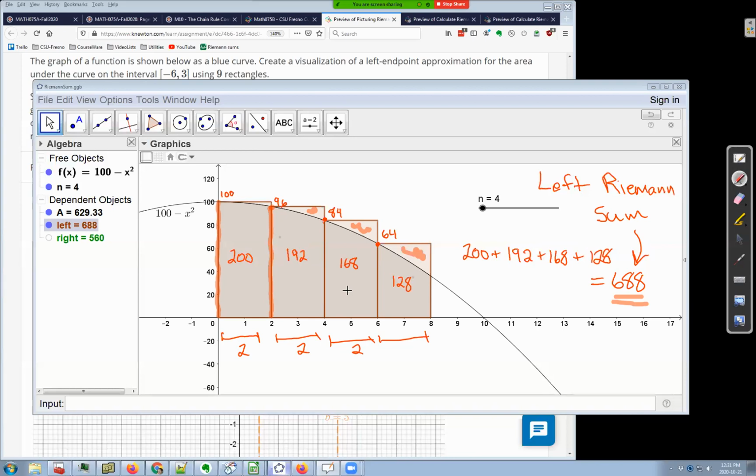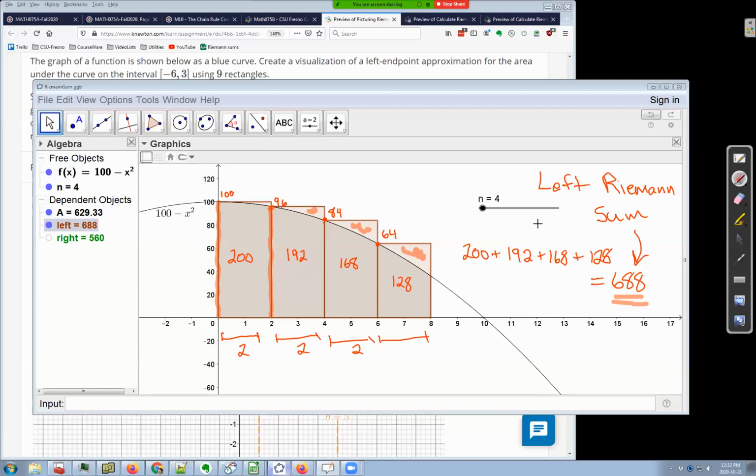And then I did lie a little bit. Besides right Riemann sums and left Riemann sums, there are also midpoint Riemann sums. But I don't want to confuse things right now. There's a video about midpoint Riemann sums, and I'll let you watch that, because if this all made sense to you, then midpoint Riemann sums are not really a big deal. A question that often comes up is, which is better, a left Riemann sum, a right Riemann sum, or a midpoint Riemann sum?